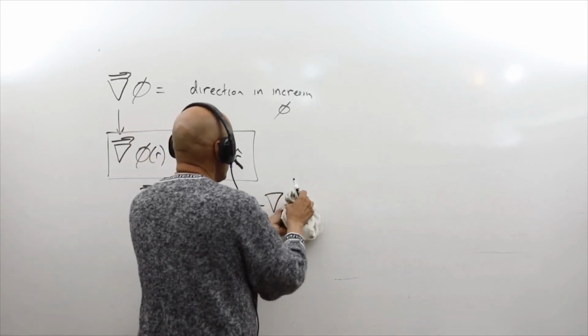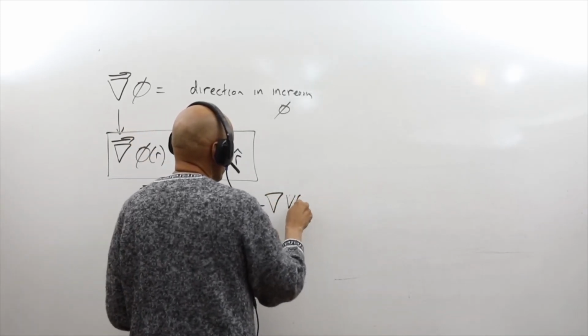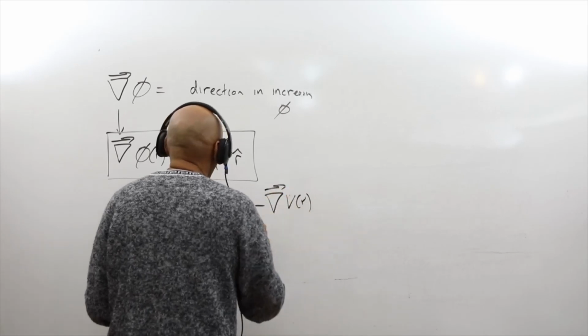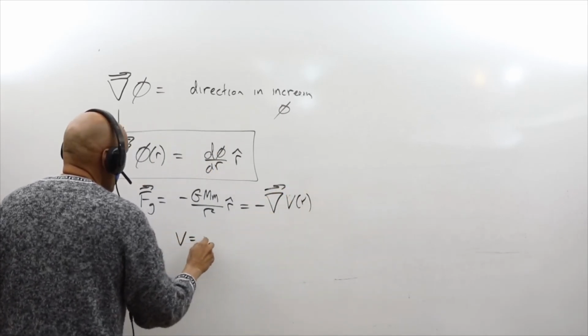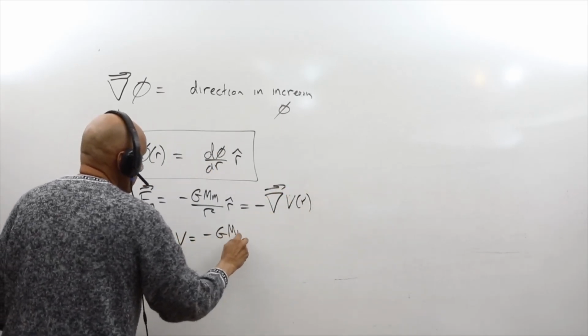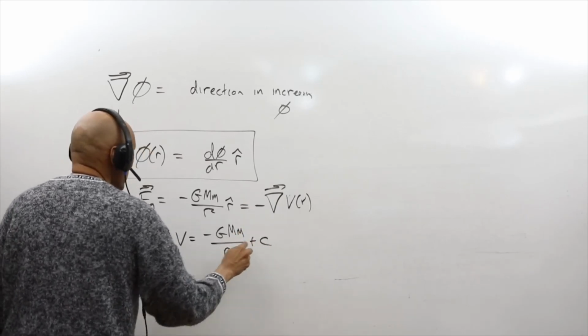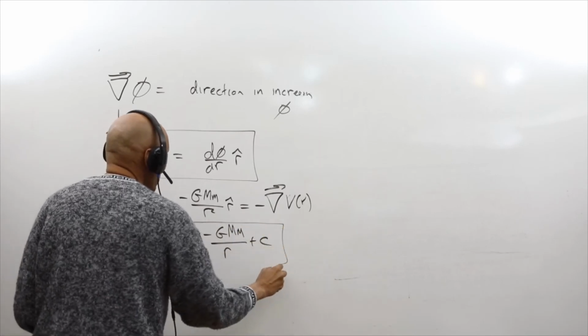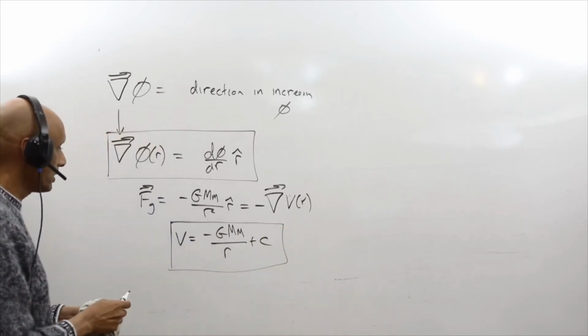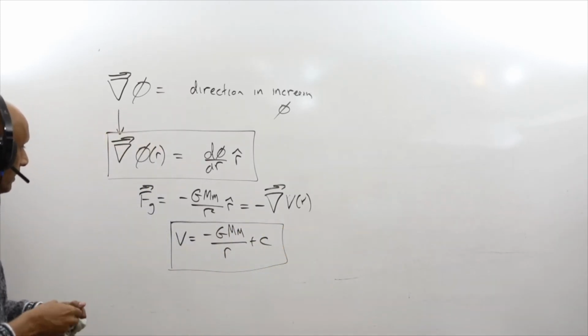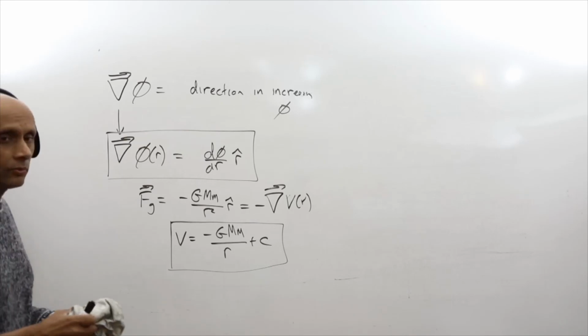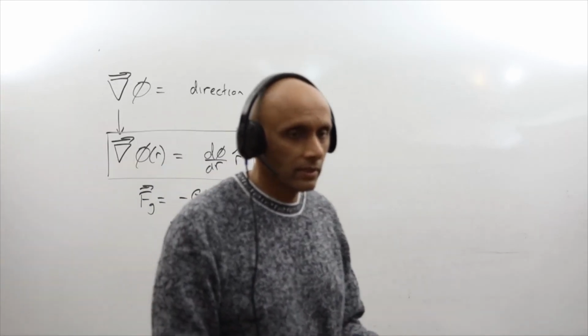We'll call it V. And V happens to be minus G M m over r plus a constant. But that constant will disappear when I plug it into the equations of motion for Lagrange. So we did a lot, and hopefully it was a useful video.